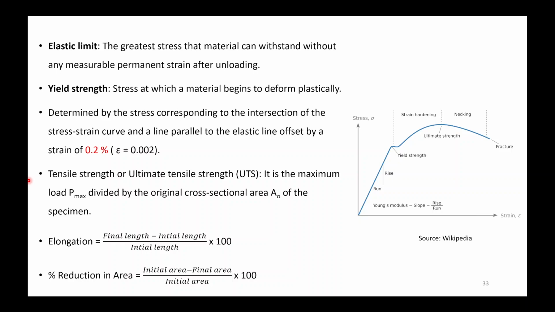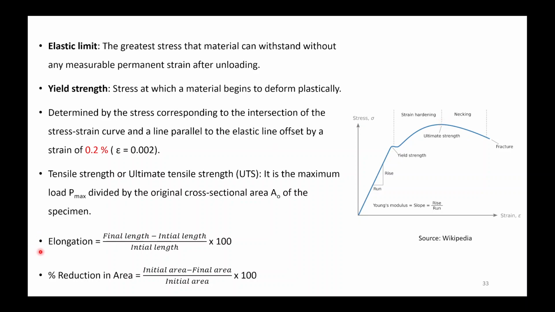In case of tensile strength or ultimate tensile strength, it is the maximum load P maximum divided by the original cross-section area. This is the maximum stress that a material can withstand.